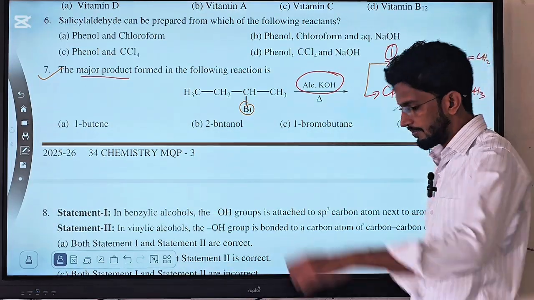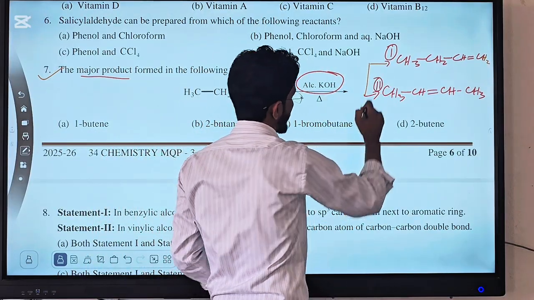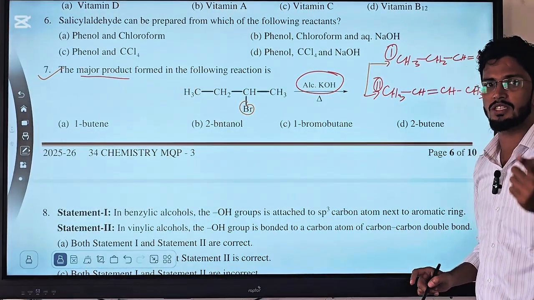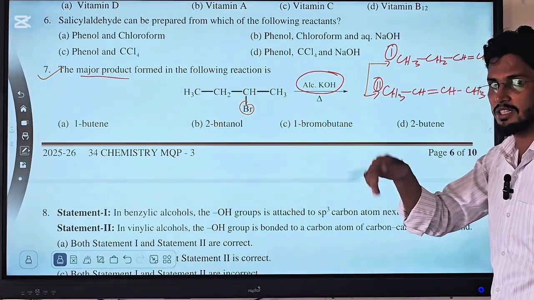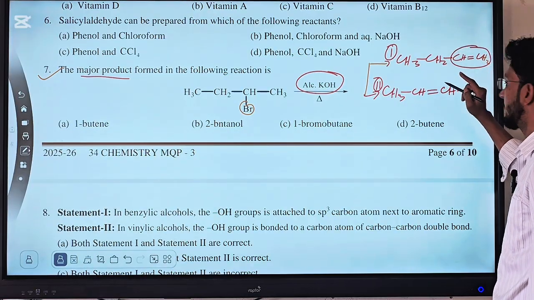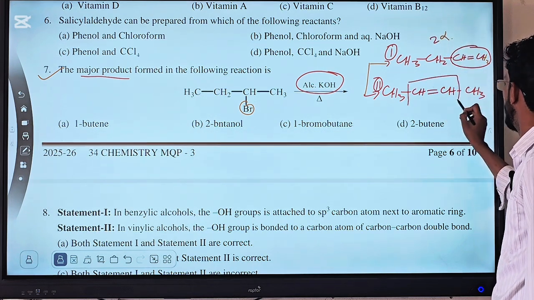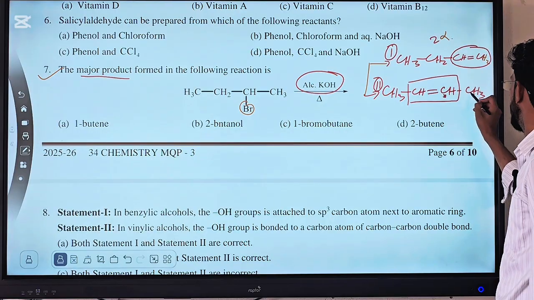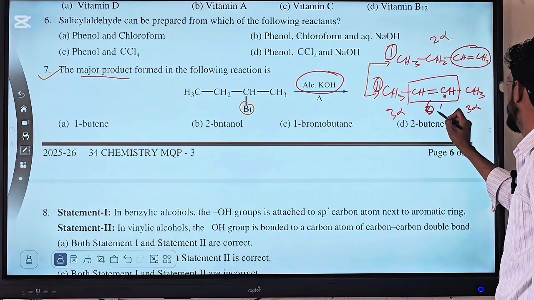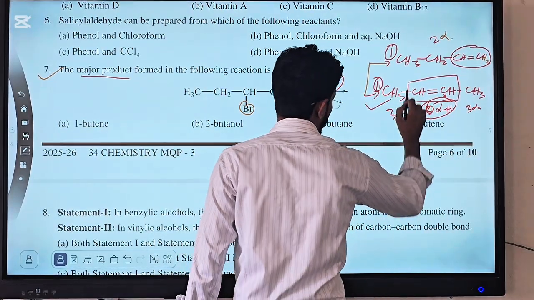Now, which of these two products is major and which is minor? We decide according to alpha hydrogens: the more alpha hydrogens, the more the alkene will be the major product. Here the carbons containing the double bond have 2 alpha hydrogens in the first alkene. In the other alkene, there are 3 alpha hydrogens on one side and 3 on the other, a total of 6 alpha hydrogens. That indicates this will be the major alkene.